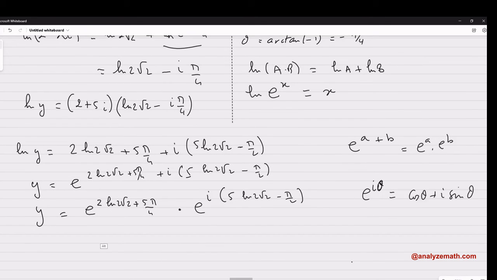Good. So we continue. This is a real number multiplied by a complex number. So y is equal, let's call it capital A. So this is capital A.